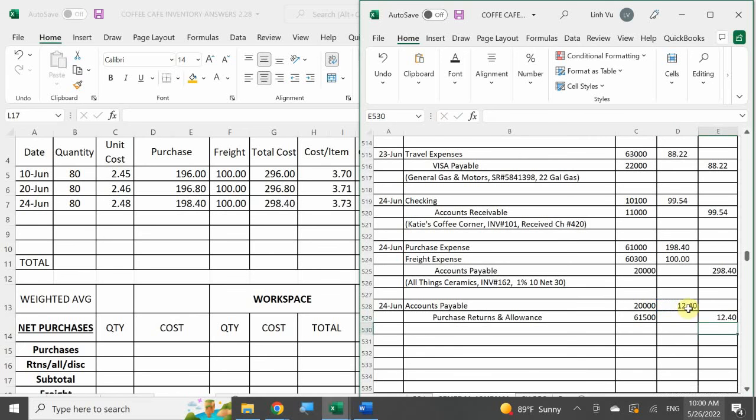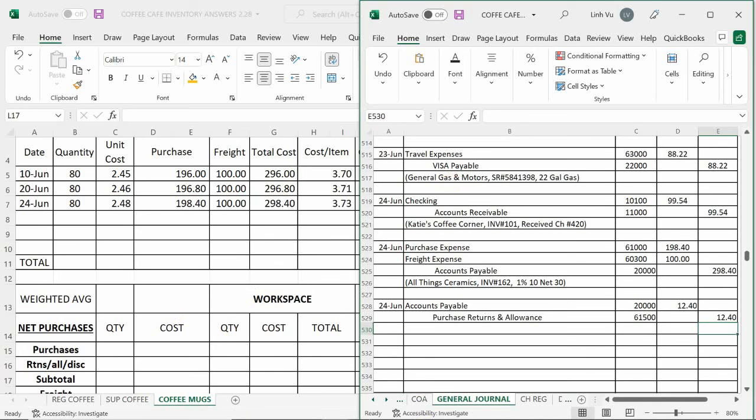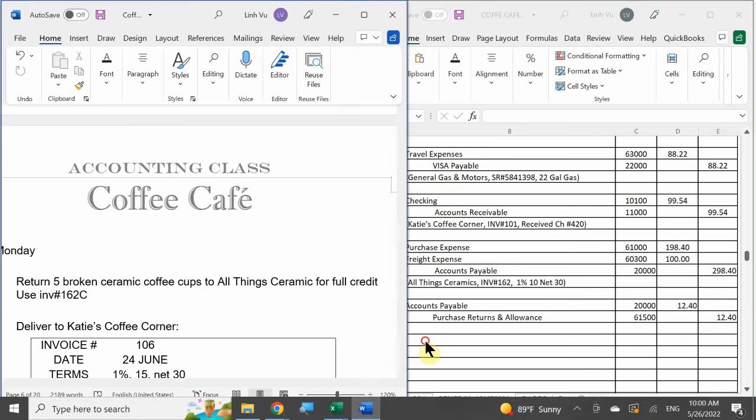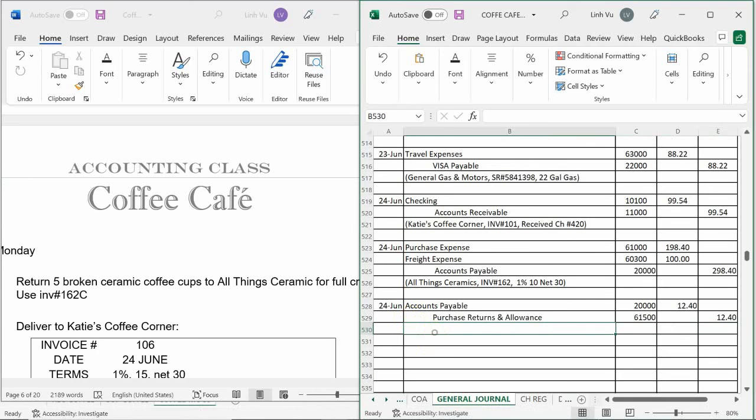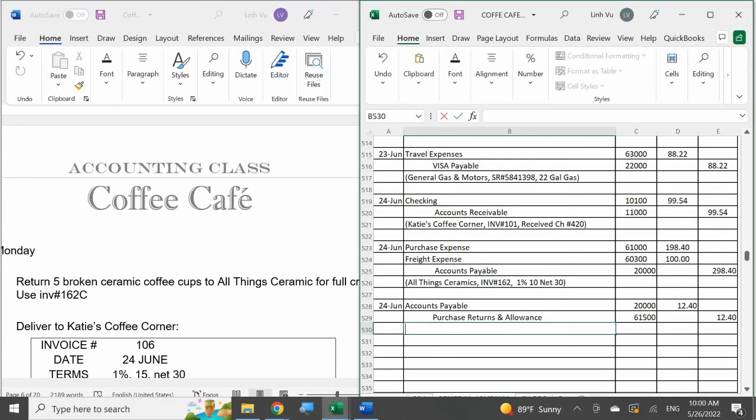Okay. And you have all the information you need to enter a description, right? Right. We received the credit from All Things Ceramics. Okay. And because we applied the credit to my invoice, I'm going to refer to my invoice number with a C. Okay.